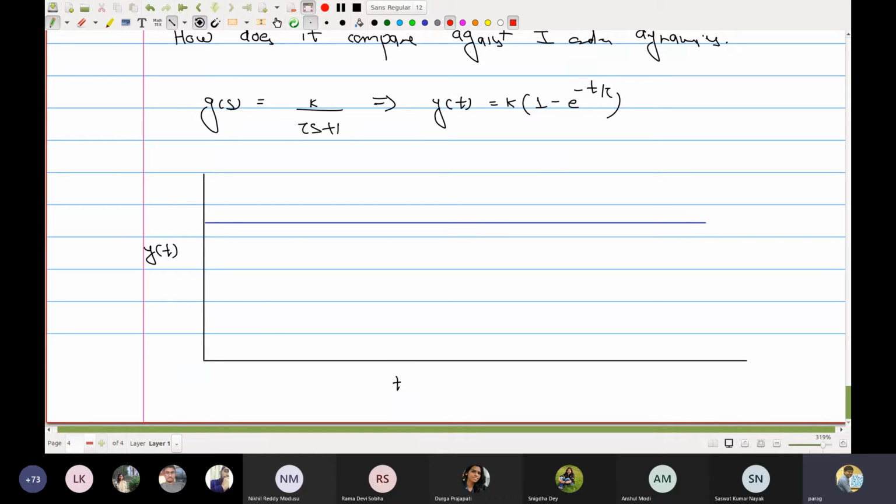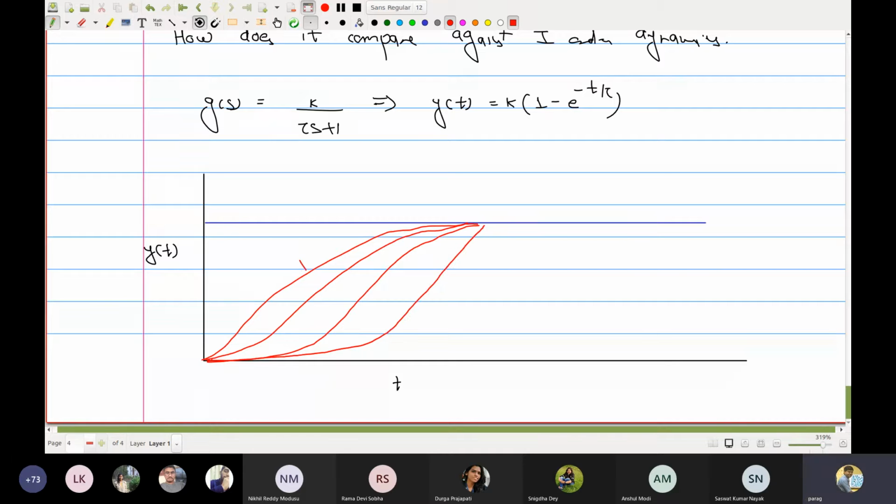I can draw several curves, every curve having an asymptote, and so on.